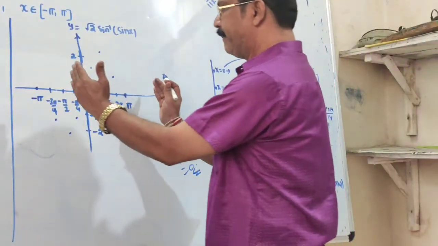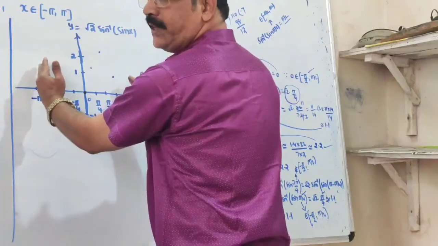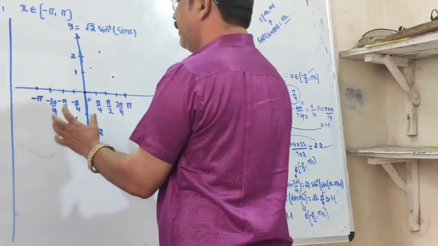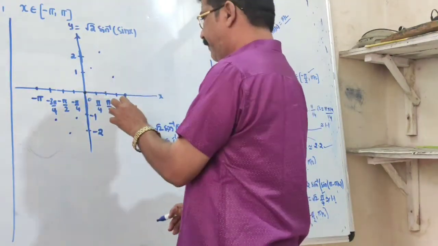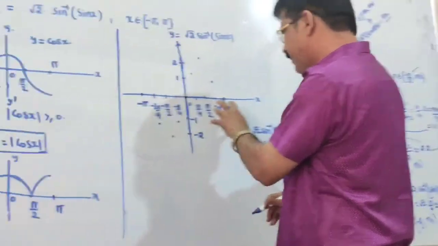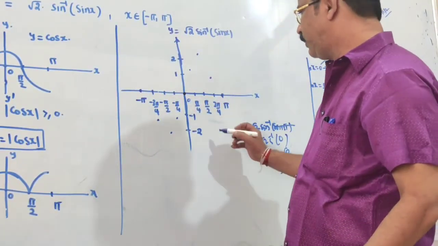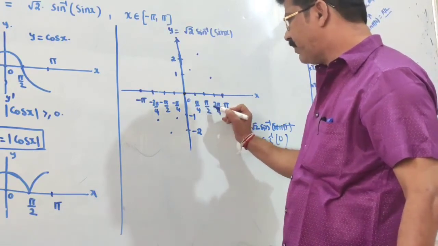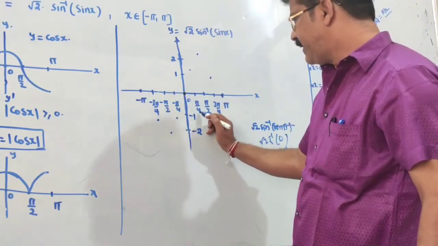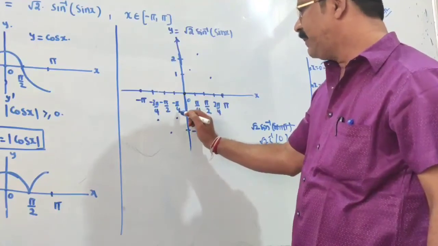Thus within the given closed interval of minus pi to plus pi, we take some points in between. For convenience, I took pi by 4, pi by 2, 3 pi by 4, and the negative side. If it is plus pi by 4, then it will be minus pi by 4.